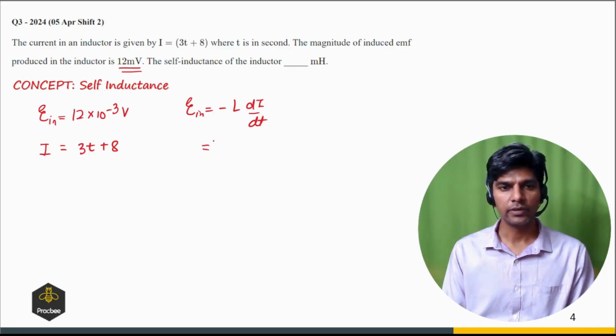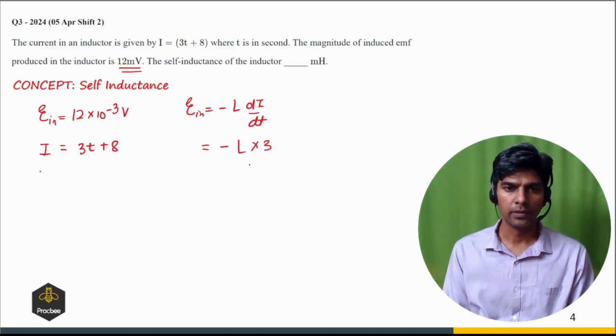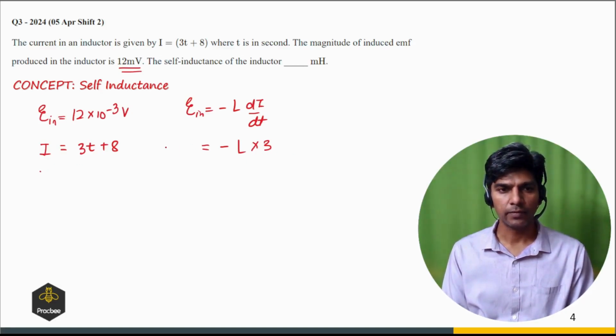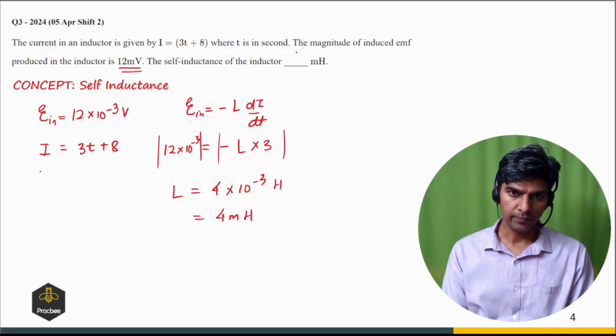So it can be written as minus L, and di by dt will be 3, the differentiation of I. And the EMF induced is 12 into 10 raised to power minus 3. So if you take only the magnitude, L comes out to be 4 into 10 raised to power minus 3 Henry, which is 4 millihenry. So 4 is the answer.